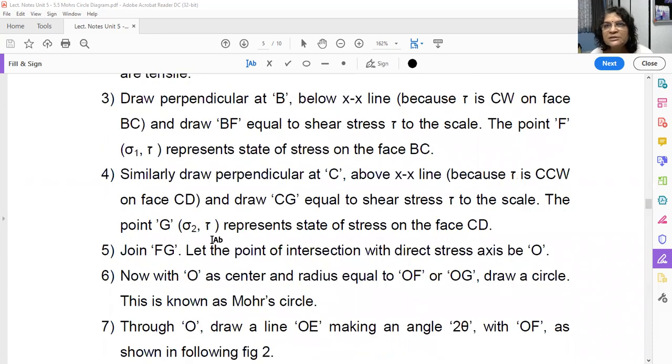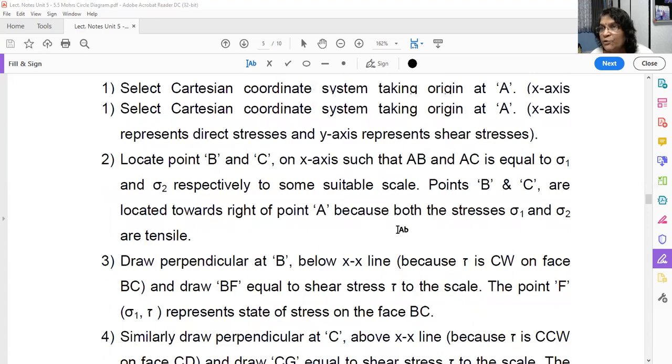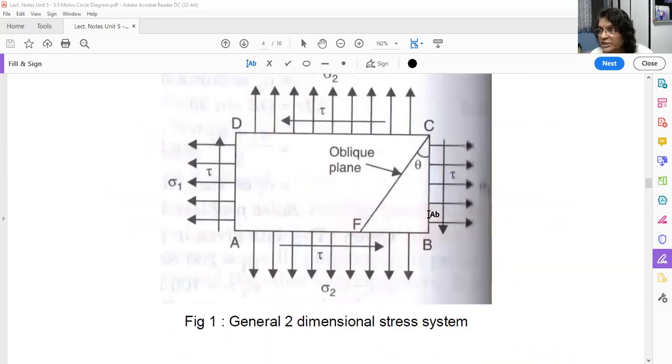Then step number 3: draw a perpendicular at B below the XX line because tau is clockwise on face BC. And draw BF equal to shear stress tau to the scale. The point F represents the state of stress on the face BC. That means, on this BC, sigma 1 is acting and tau is also acting, so you have to locate both stresses on this face BC.